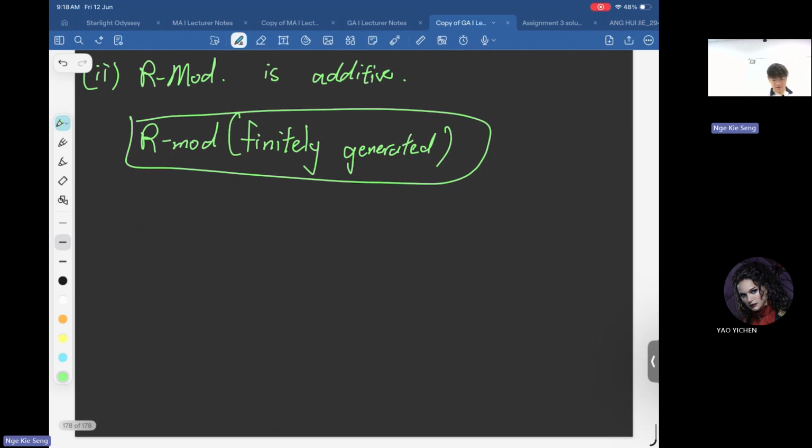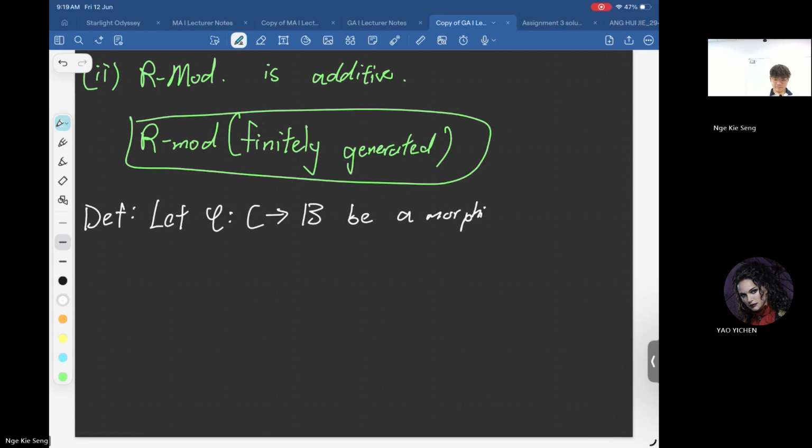Then we'll define kernel in the most abstract sense for now. So let phi be a morphism in the additive category C. Then a kernel here is no longer some object, it is a map.